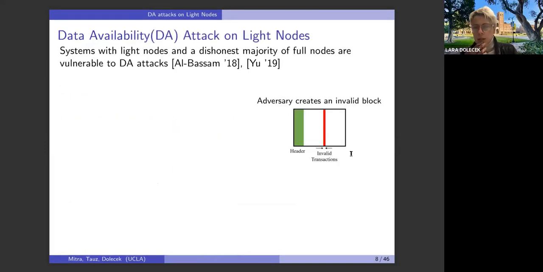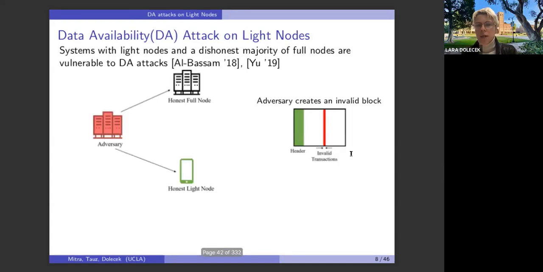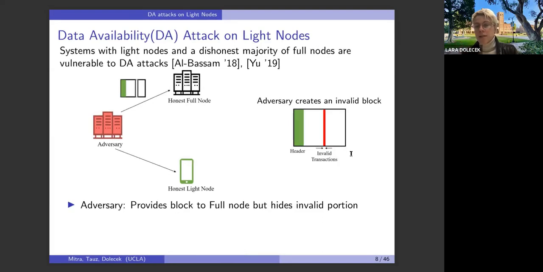Systems with light nodes and a dishonest majority of full nodes are vulnerable to these so-called data availability attacks. This has been recognized in previous work. We are now looking at the subset of that architecture where we only have full nodes and light nodes. The adversary creates an invalid block in the sense that it hides a portion of this block that it sends to the full node, and it sends a header to the light node.